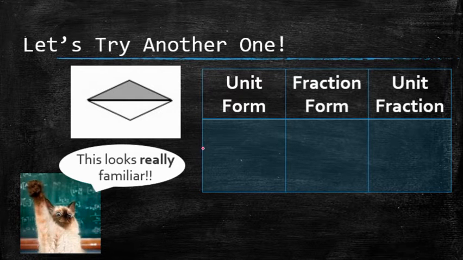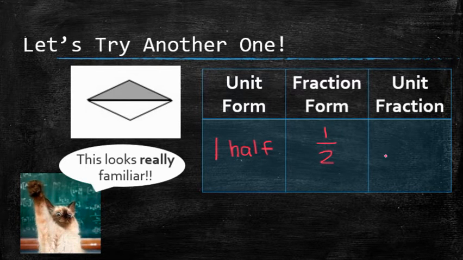Okay, so in the unit form, you should have 1/2. And these are equal parts. We can see if we had a friend over and this was a really cool shaped pie or something like that, and we cut it right in half, both of us would be eating the same amount. And the fraction form would just be 1/2.